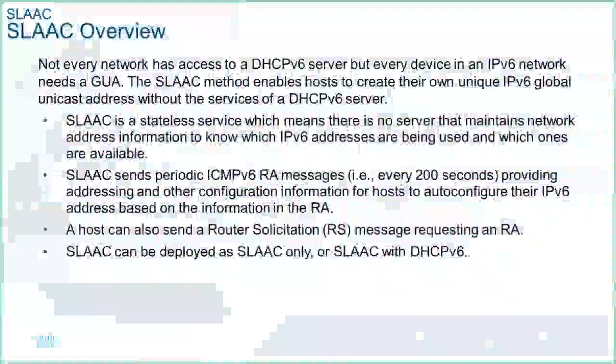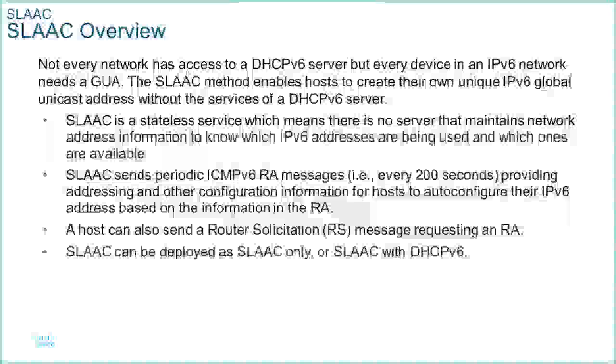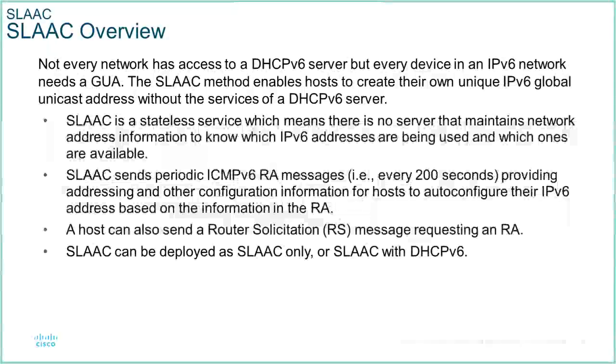So look at SLAAC to start with. We don't need a server for every device within a network to get a unique address. We can use SLAAC under stateless addressing to produce a global unicast address, or a unique address, depending on which bit of material you're reading.